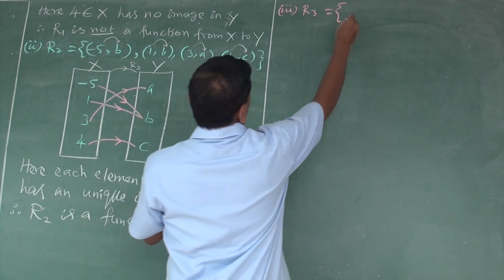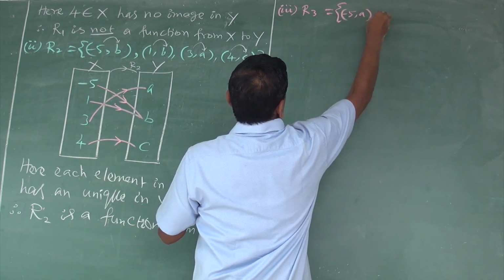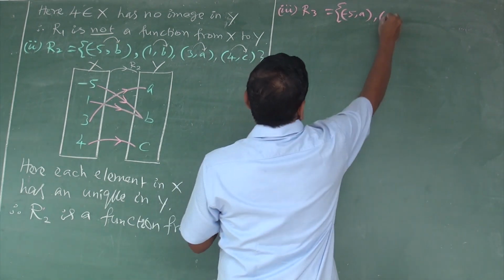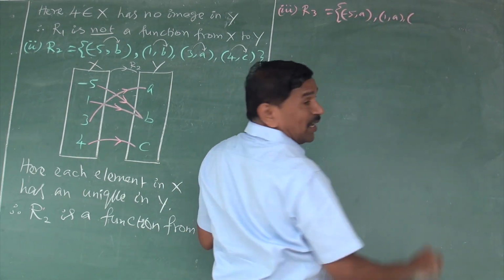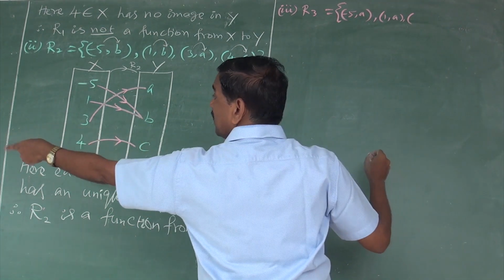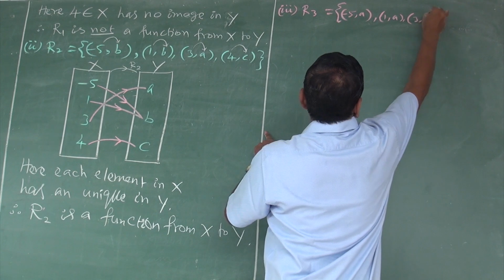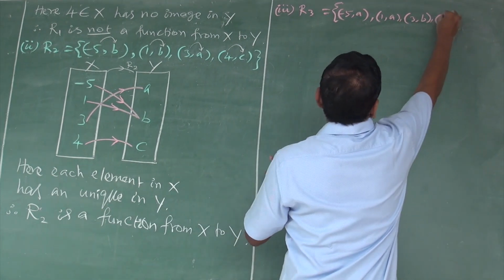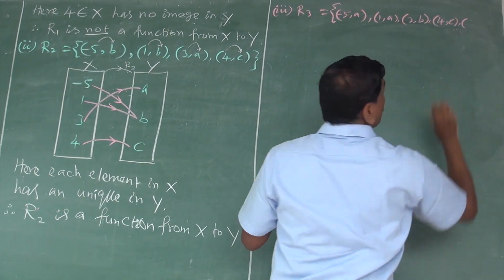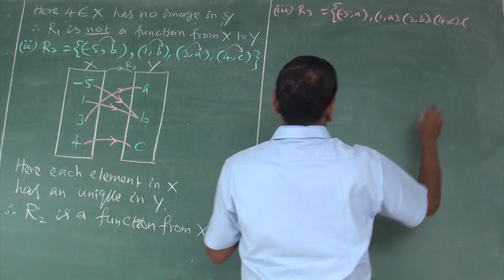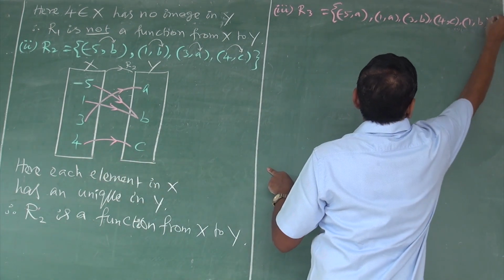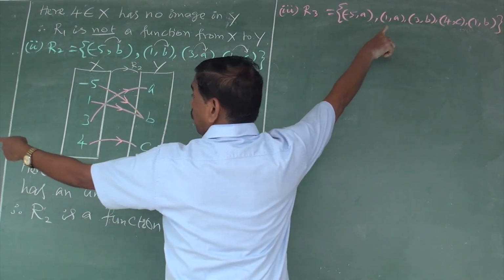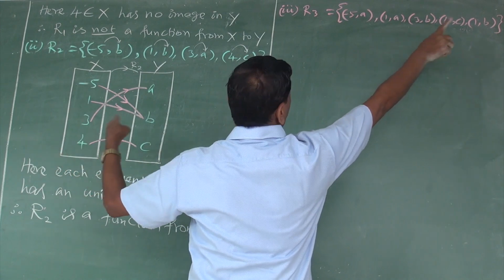Minus 5 comma A. Second element is 1 comma A. Third element is 3 comma B. Next, fourth element 4 comma C. Next, 1 comma B. Complete the curly bracket. Again, verification: minus 5 comma A, 1 comma A, 3 comma B, 4 comma C, 1 comma B.